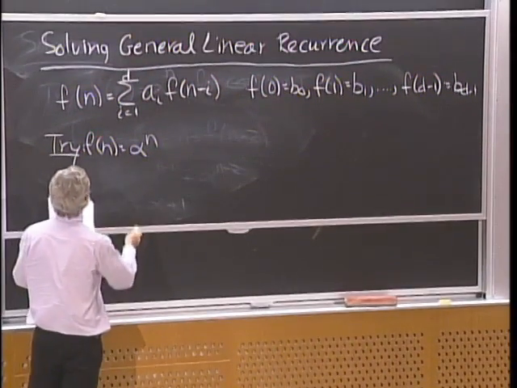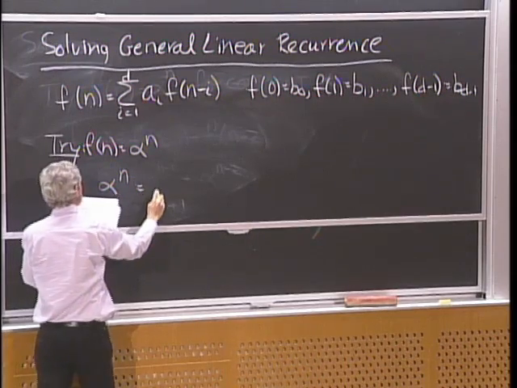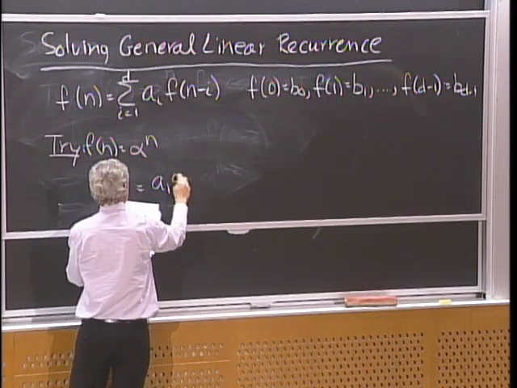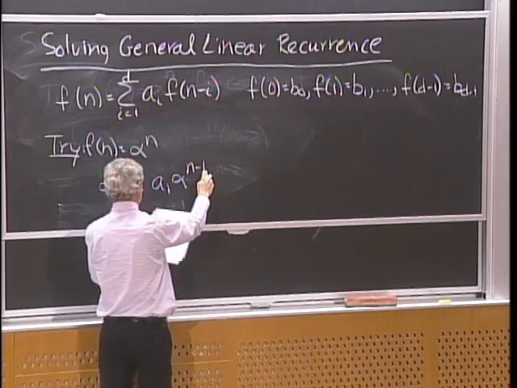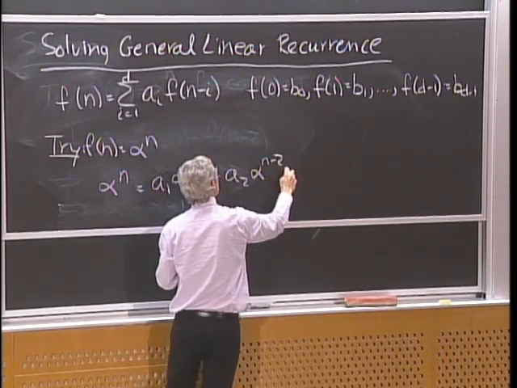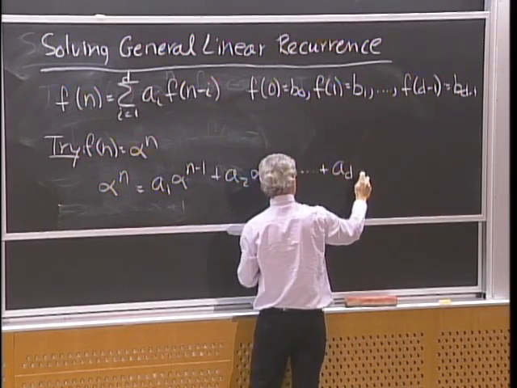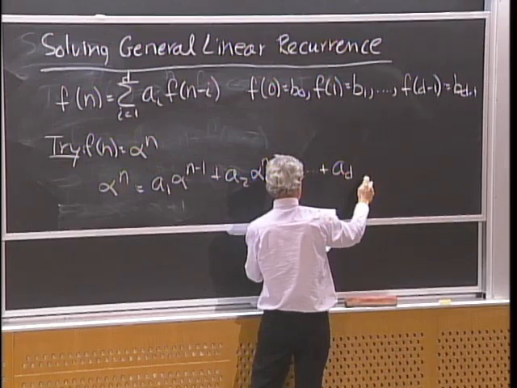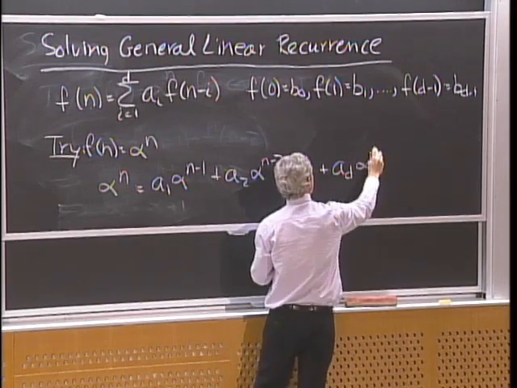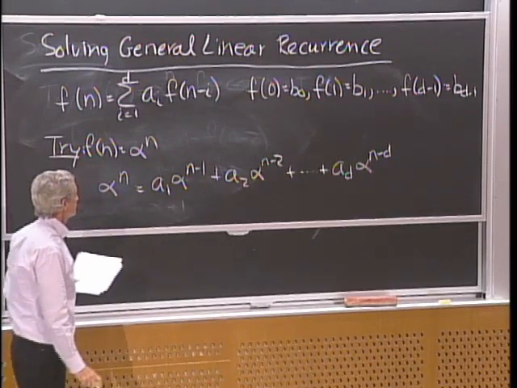And then when we do, we get alpha to the n equals a1 alpha to the n minus 1 plus a2 alpha to the n minus 2, all the way down to a sub d alpha to the n minus d. All right, just plugging into there.